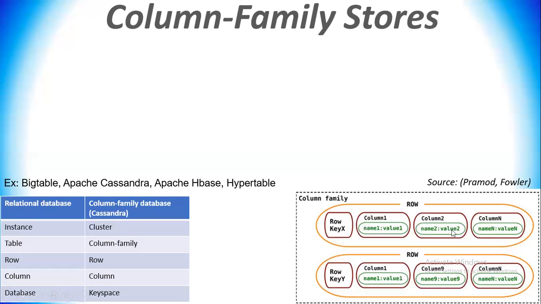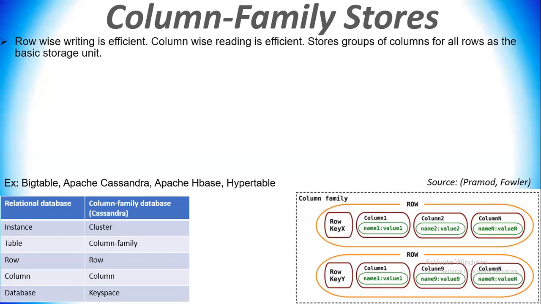And the number of columns is not fixed. You can have any number of columns you want. So those are the differences. And these are examples of such database management systems: Apache Cassandra, Apache HBase, Hypertable, Bigtable. So those are some examples.